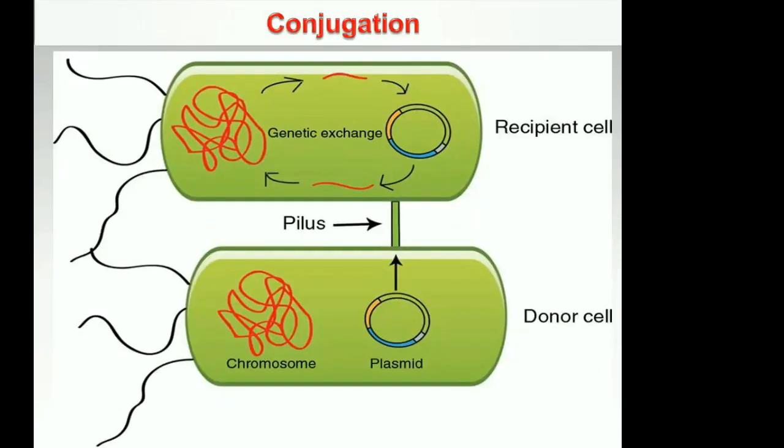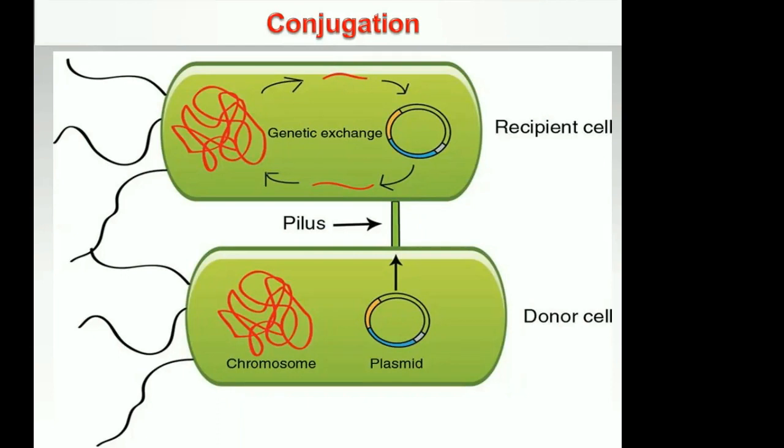Now we have seen all about transformation, where the breakdown of the cell wall transfers the genetic material from the donor cell to the competent cell, that is the recipient cell. In the case of conjugation, this is another method of gene transfer. Here the cytoplasm gets attached to the other, and the donor cell transfers the genetic material to the recipient cell by the F pilus.